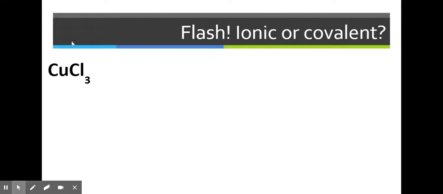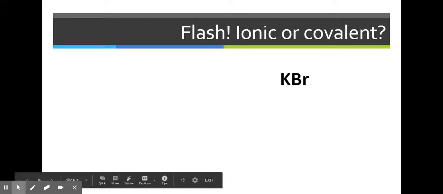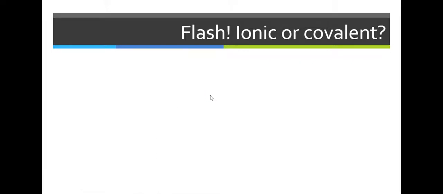It's pretty easy once you figure out what type of element each atom is, whether or not it's metal or non-metal, to tell us whether or not it's ionic or covalent. Next one, potassium bromide. Great, if you said that was ionic.